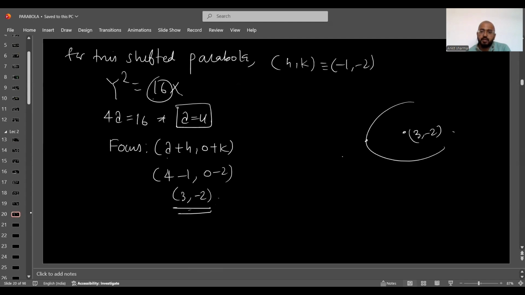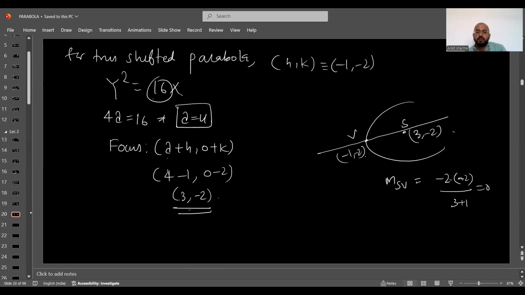So I can get the slope of the axis. This is focus S, this is vertex V. The slope of SV: the y coordinate is the same, so this is a line parallel to the x axis. So its slope is going to be 0. So the equation of latus rectum you could directly write.